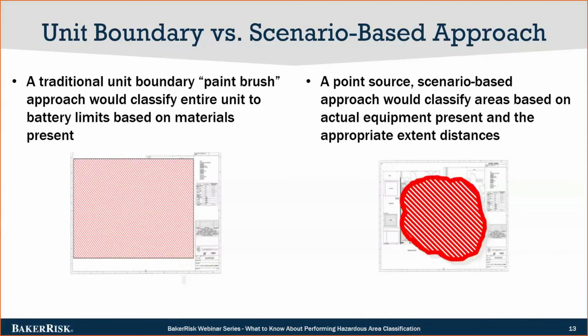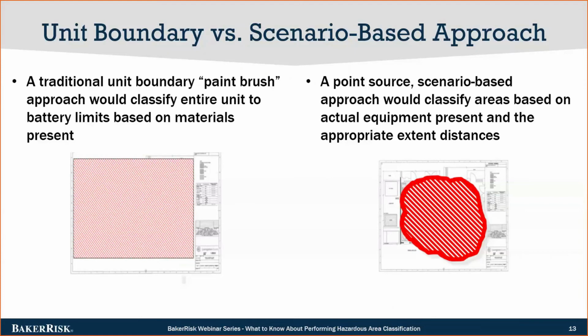The example we're showing on the left is a typical HAC contour where you have a simple rectangle that goes around the boundary limits of the unit, classifying it to the highest extent based on the materials that are present. Experience has shown us that this leads to increased capital costs without the corresponding risk reduction benefit.